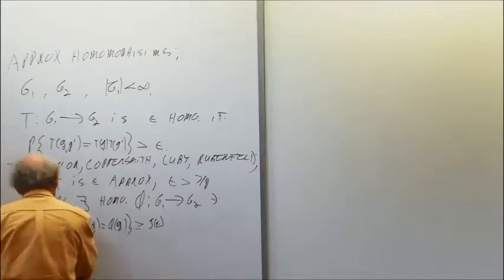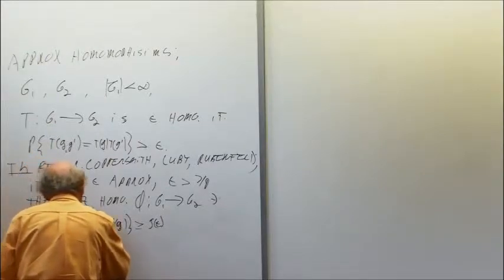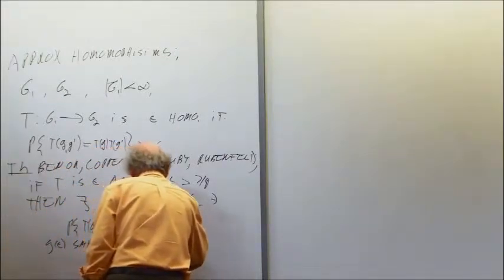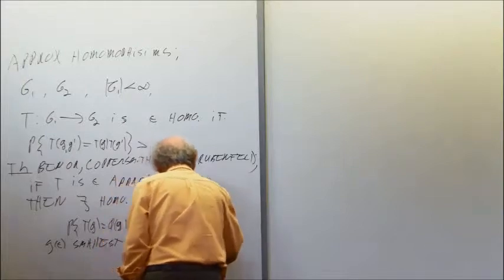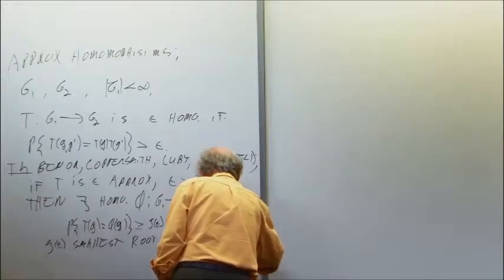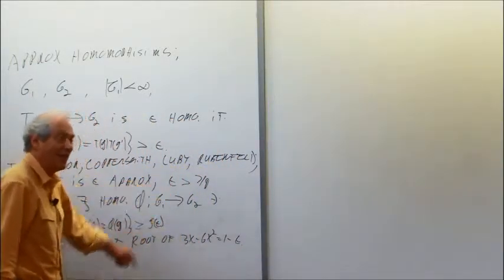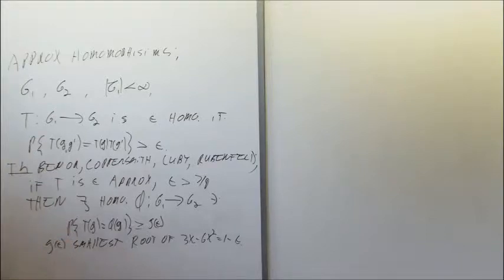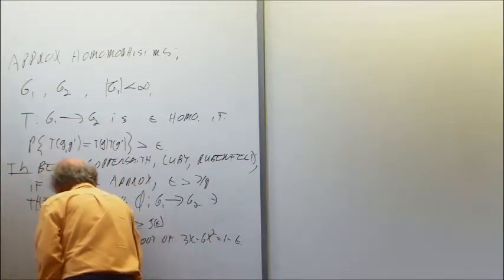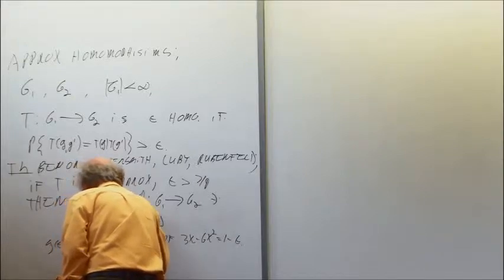So tau of epsilon is the smallest root of some quadratic polynomial, which maybe I remember, 3x minus 6x squared is equal to 1 minus epsilon. Since you can solve that equation, you know what tau of epsilon is. But in particular, for epsilon bigger than 7/9, tau of epsilon is bigger than 0.9, or 9/10.